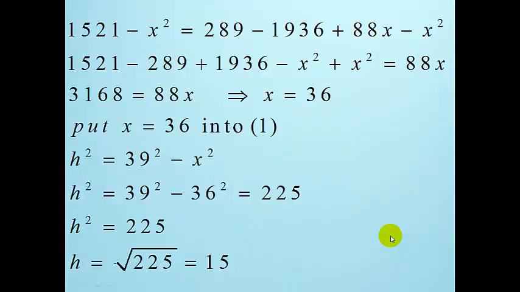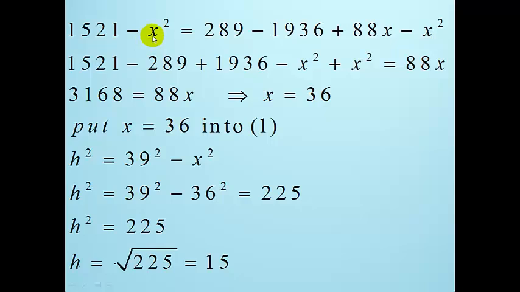Now let's proceed. 1521 minus x squared is equal to 289 minus 1936 plus 88x minus x squared. We group the constants on the left hand side with the x squares, and the term with the x on the right hand side. So because we have minus x squared on the right hand side, that becomes plus x squared on the left hand side.